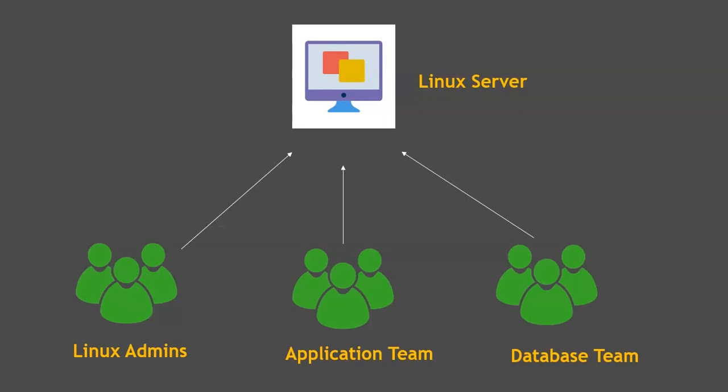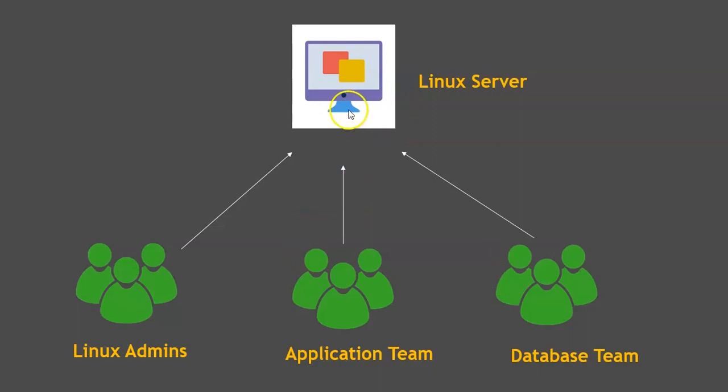There may be multiple members working as a Linux team who are managing that server. They need to log in and manage that operating system, or the application team wants to install an application inside this Linux machine, or it may be a database server. So the database team wants to log into that machine and install the database inside the Linux machine. So multiple logins are required to this server from multiple persons.